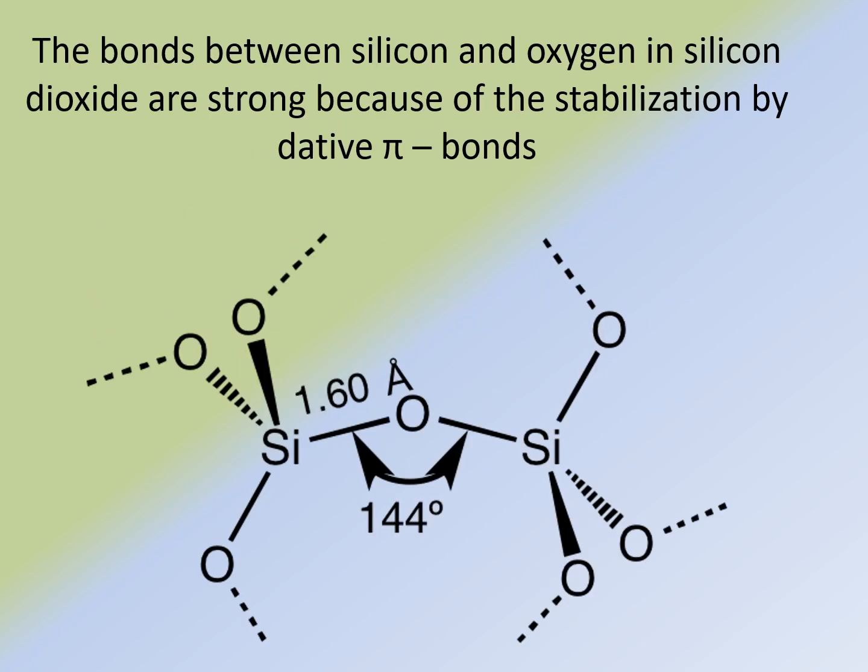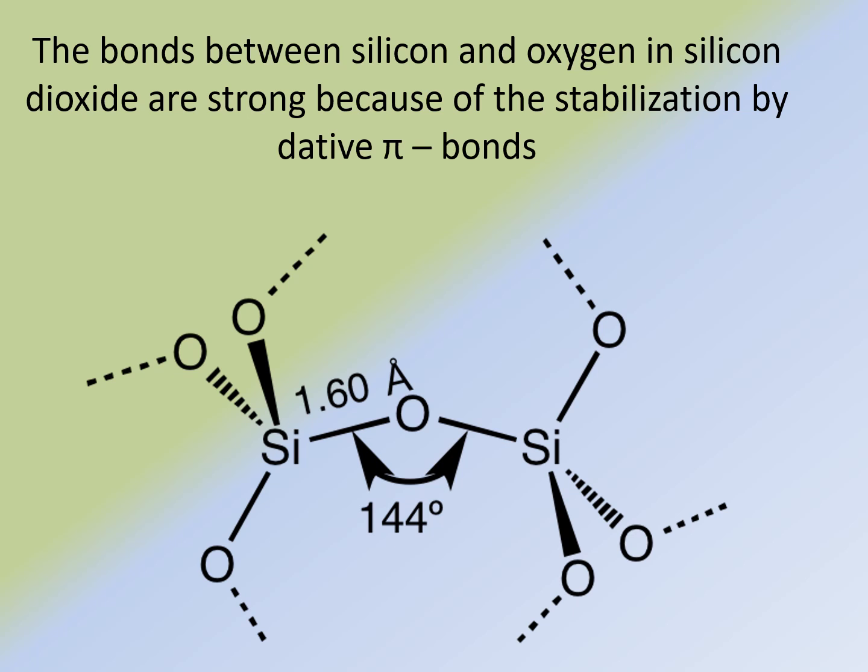And this is one of the representations of silicon dioxide, where together with sigma bonds between silicon and oxygen, there are also pi bonds between lone pairs of electrons of oxygen and empty d orbitals of silicon. And this is the explanation of the stability of silicon dioxide.